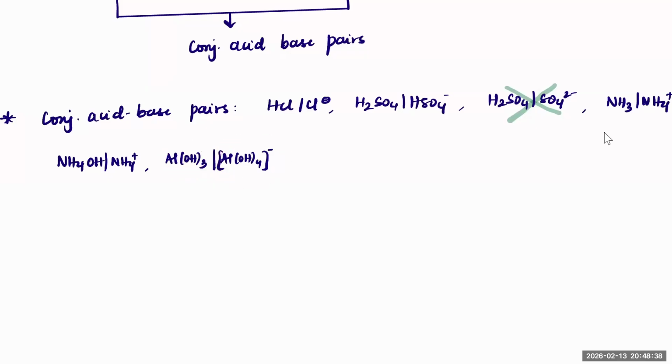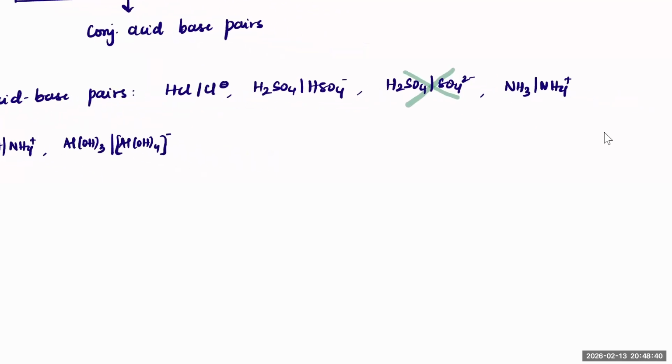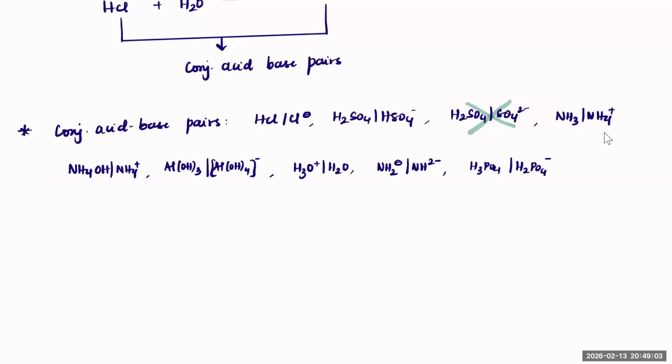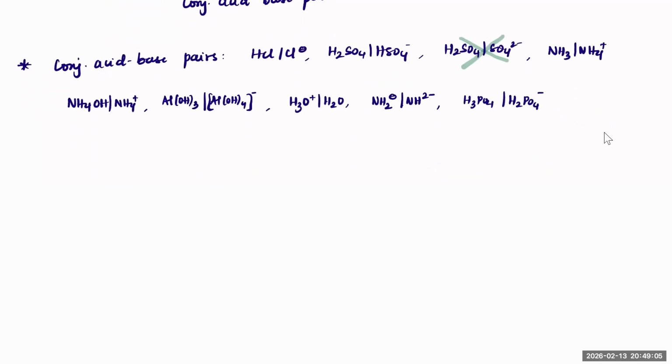Got it? So you can notice that we can have a lot of conjugate acid base pairs like this: H3O plus and H2O. I can say NH3 and NH2 minus, that is also a conjugate acid base pair. If you have H3PO4 and H2PO4 minus, that is also a conjugate acid base pair. These are all conjugate acid base pairs.